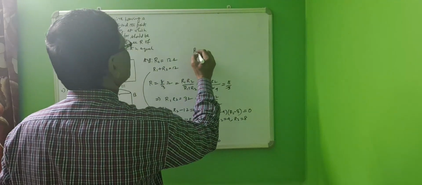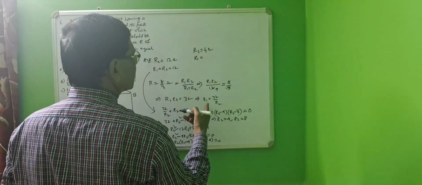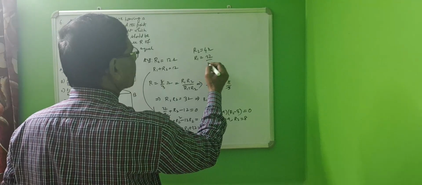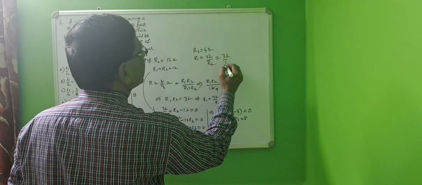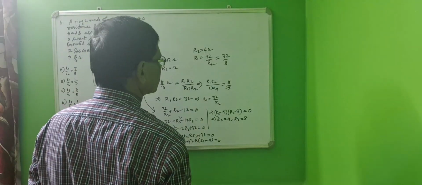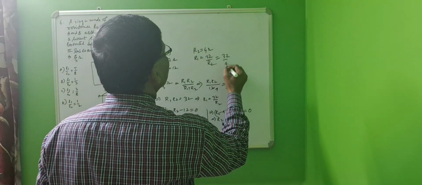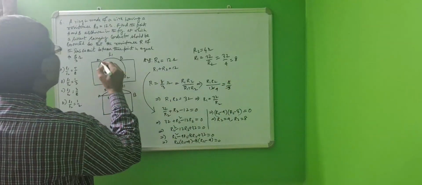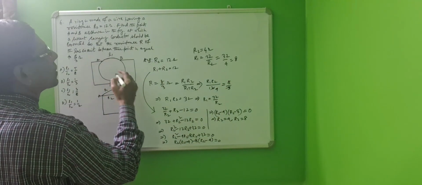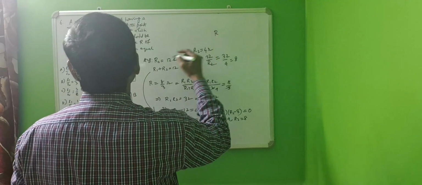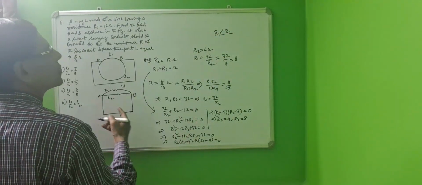If R2 equals 4 ohm, then R1 will be 32 by 4, equals 8. But here this length is smaller than this length, so R1 must be less than R2.